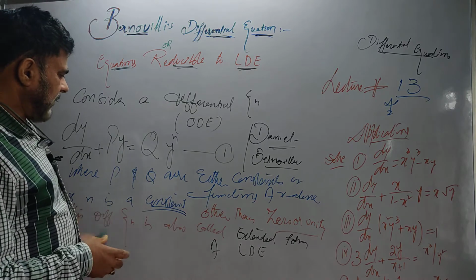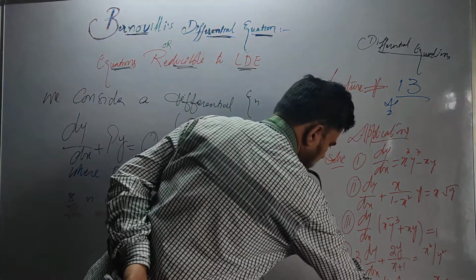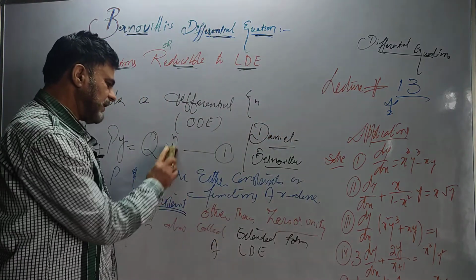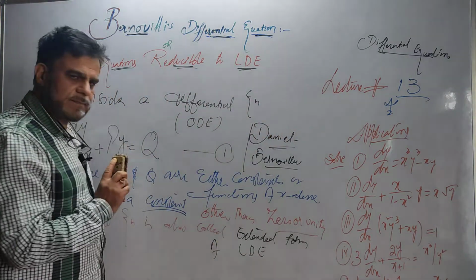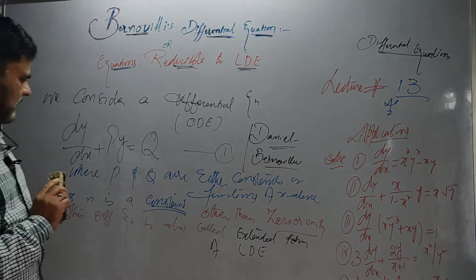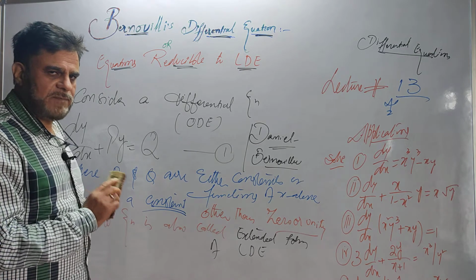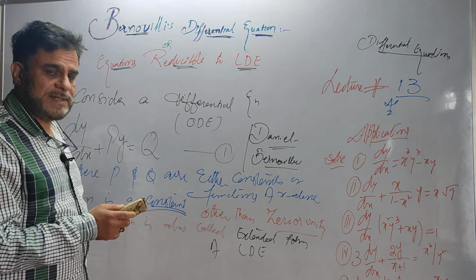Well, if y raised to the power n would not exist here, if you omit y raised to the power n, then this is the previous form of linear differential equation, and we apply the method of solution we did previously.